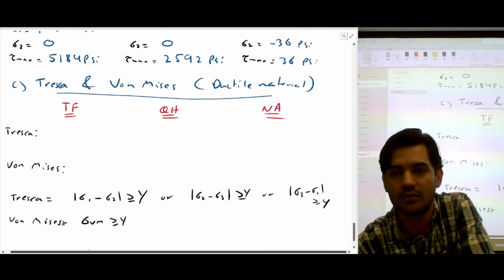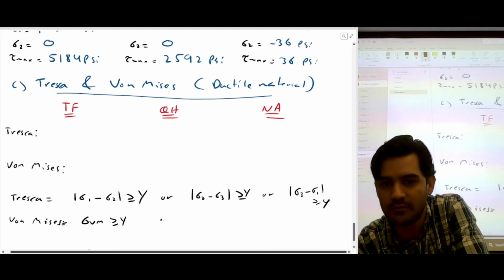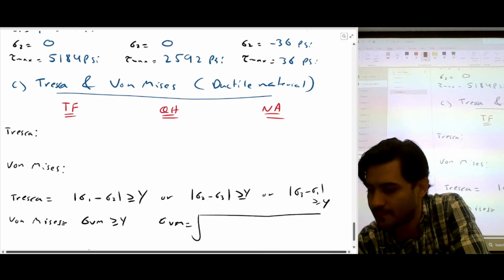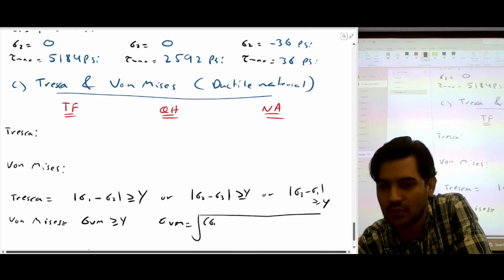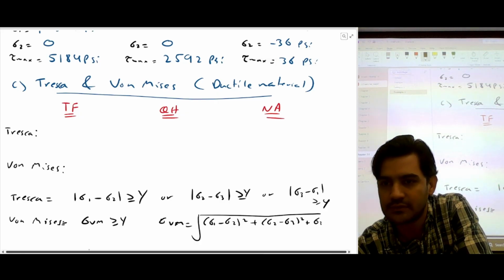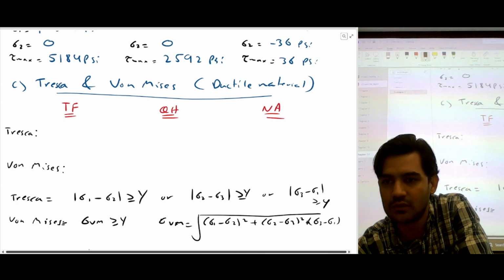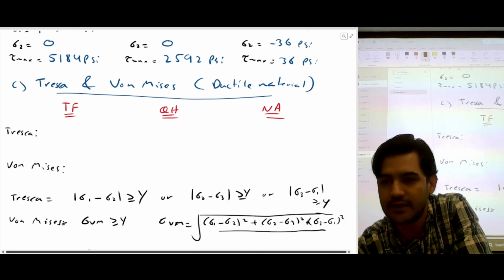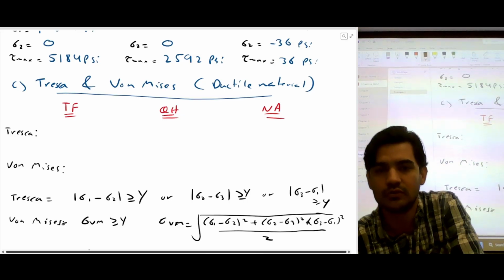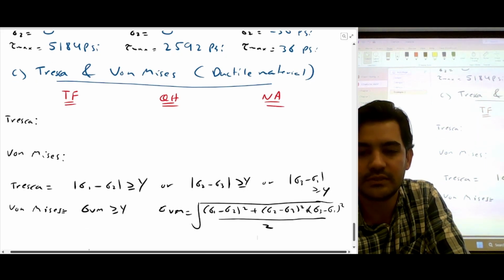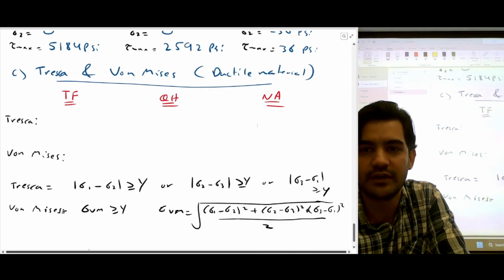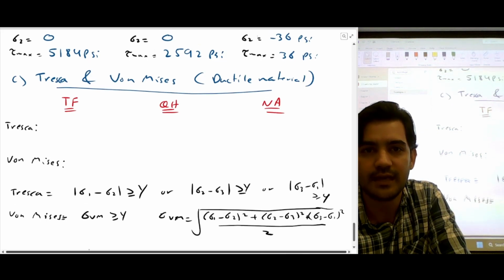And our formula for von Mises stress is stress 1 minus stress 2 whole square plus stress 2 minus stress 3 whole square plus stress 3 minus stress 1 whole square, divided by 2. So this is what we have for the yield criteria. We did this last time.